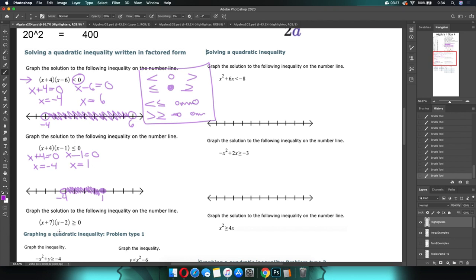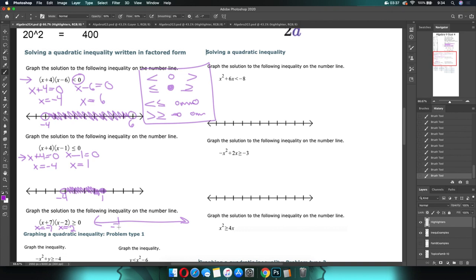So for this one, we have x equals negative 7 and x equals 2. I'm getting good enough at these by this point that I don't even need to do the separate setting equal to 0, because I know that I'm basically flipping the sign.